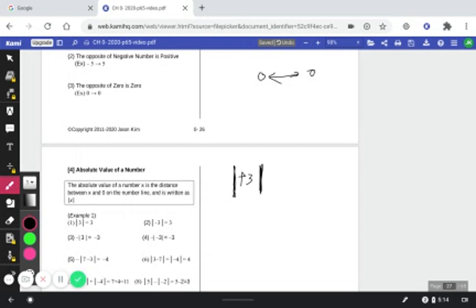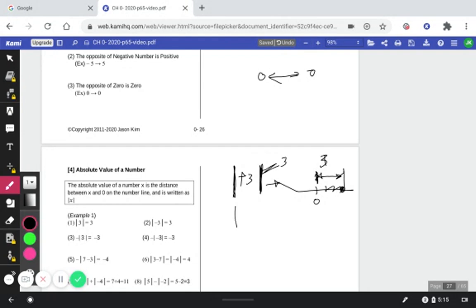That represents the distance on the number line between 0 and positive 3. So the absolute value of positive 3 is 3.